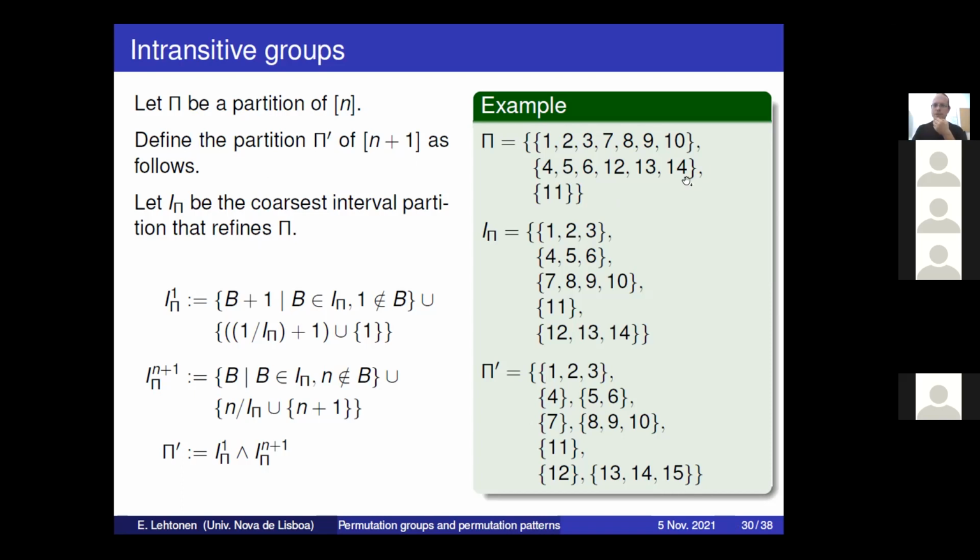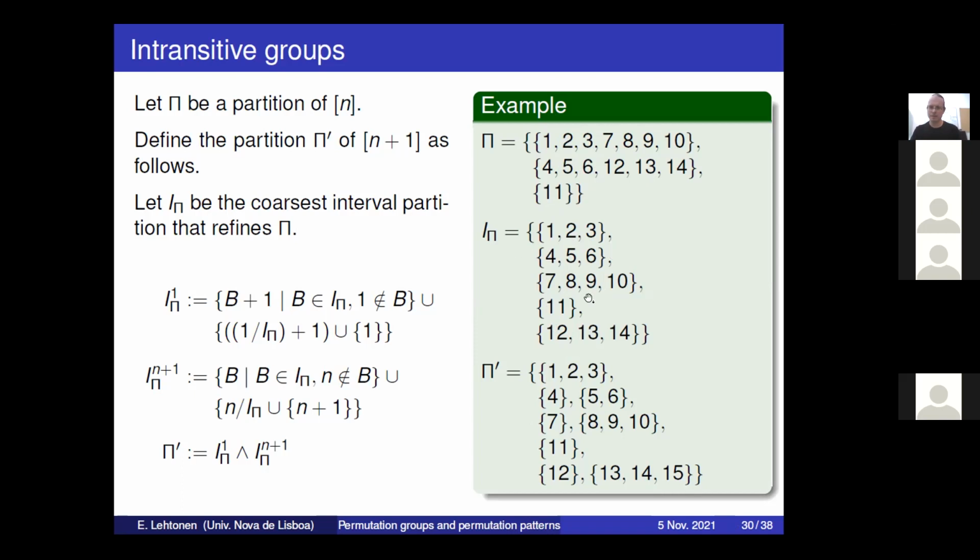So we first find the intervals that are contained in a block of pi. So here we have 1, 2, 3, 4, 5, 6, it's contained here. From 7 to 10, it's contained here. 11, and this interval. So these are the maximal intervals contained in the blocks of pi.